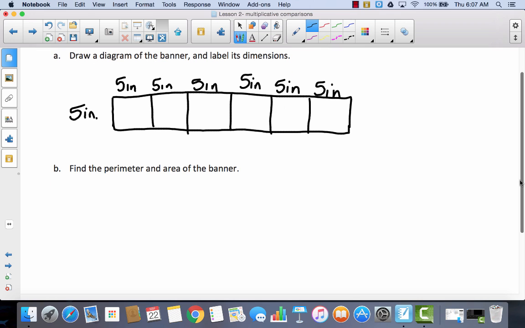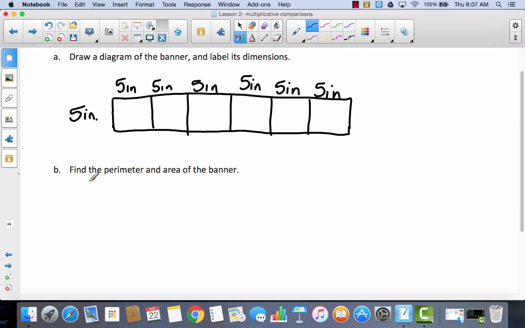In part B, it wants us to find the perimeter and the area. So let's start with the perimeter. So remember, perimeter is going to be length plus width plus length plus width. So let's find the total here. I can count by 5s, right? 5, 10, 15, 20, 25, 30.